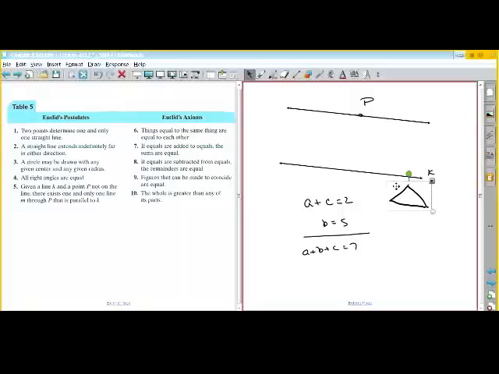And the whole is greater than any of the parts. I'm not sure how you explain that, but anyway, those are Euclid's postulates and axioms, and you can use logic proofs to prove all these other theorems that you come up with in geometry.